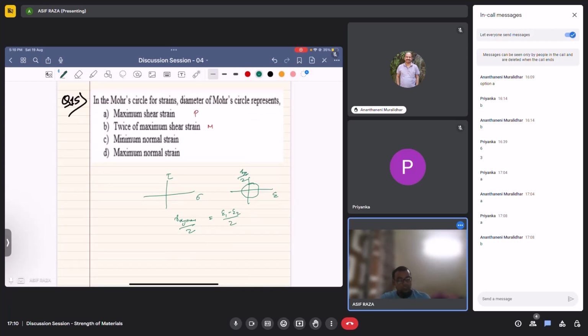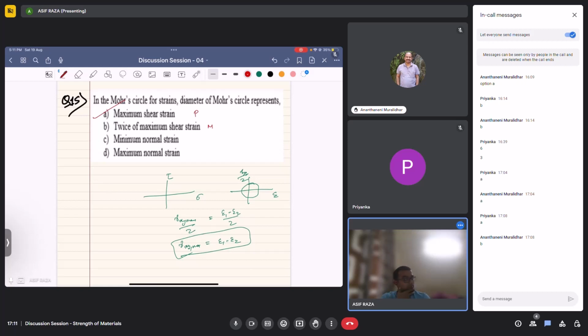And gamma xy max should be equal to epsilon 1 minus epsilon 2. So the answer would be A, maximum shear strain.